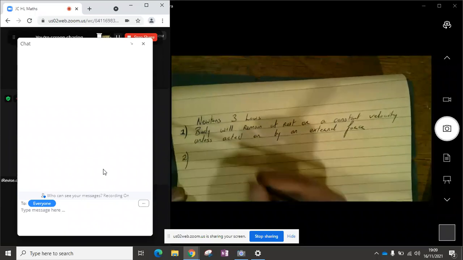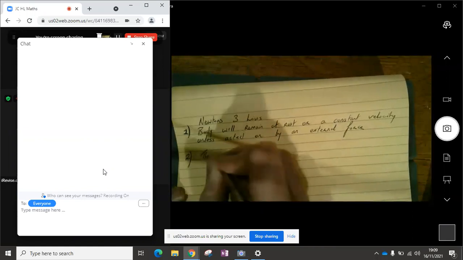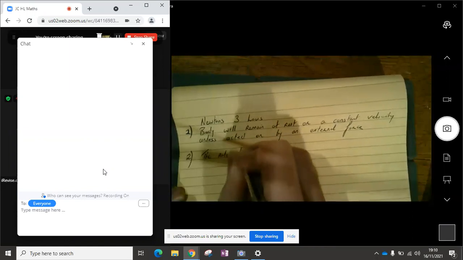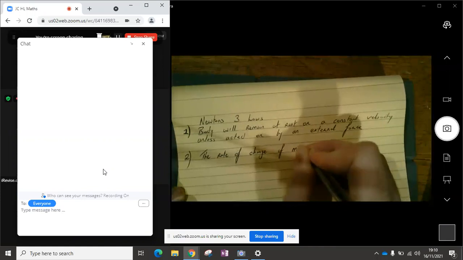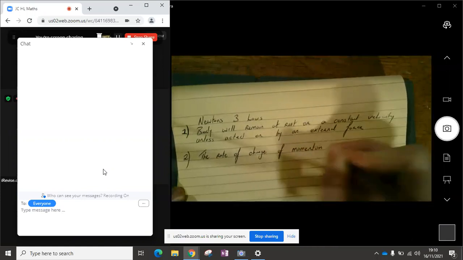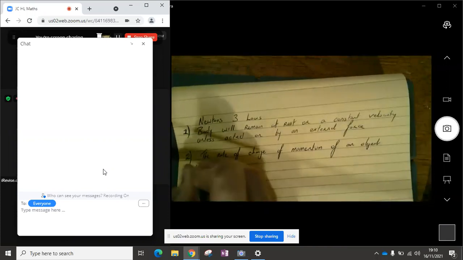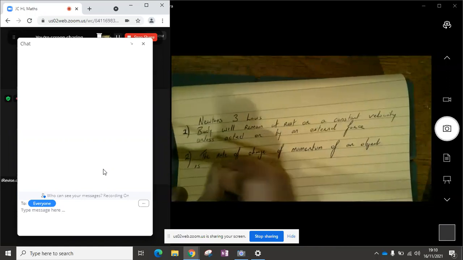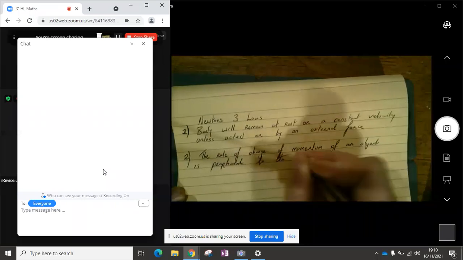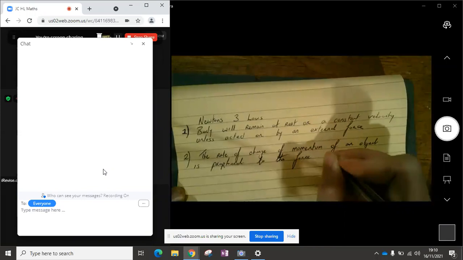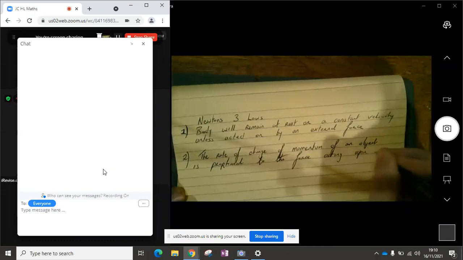Second one states that the force, well, okay, we'll say that the rate of change of momentum of an object is proportional to the force acting upon it.